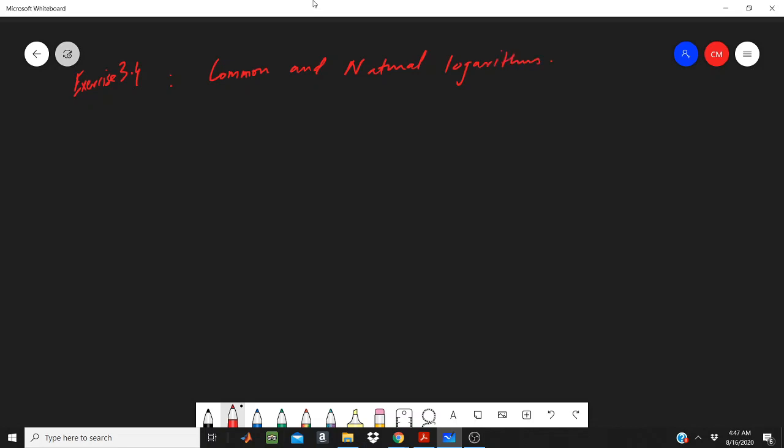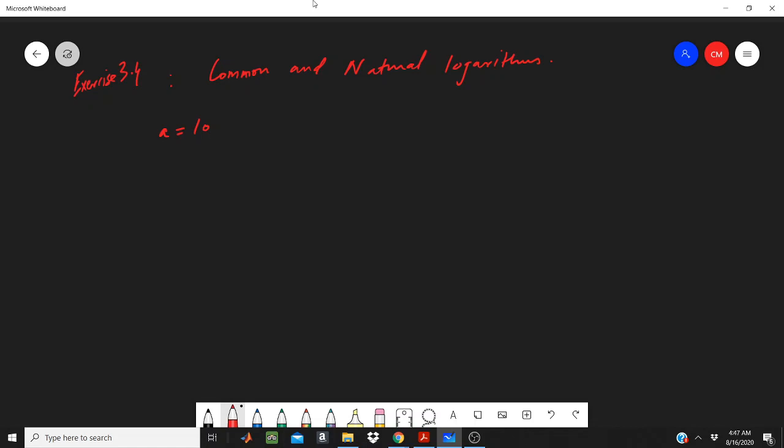It's nothing new here, it's just names for certain kinds of logarithms with certain kinds of bases. So let's take a to be 10.